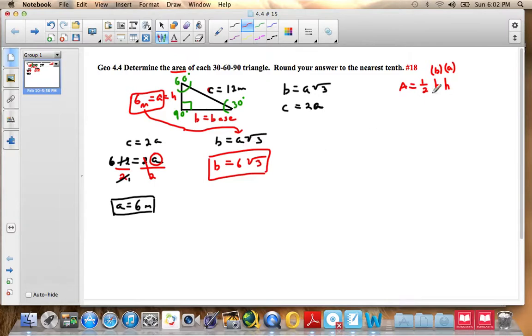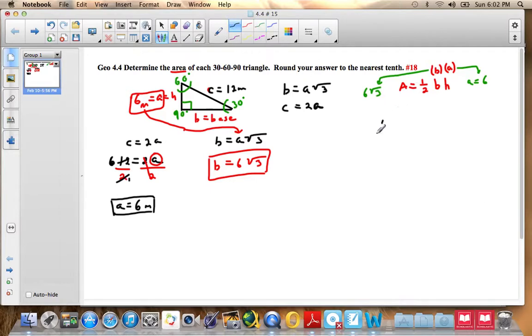So with that in mind, I'm going to come over here and rewrite it all so that I know that A equals 6, and B equals 6 times the square root of 3. And I'm going to plug those in accordingly.